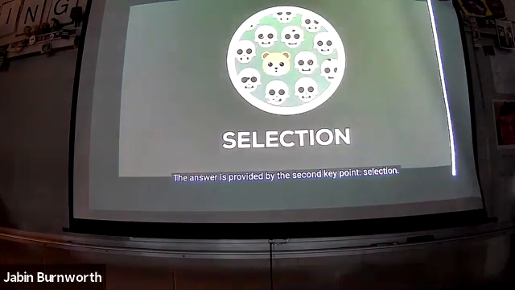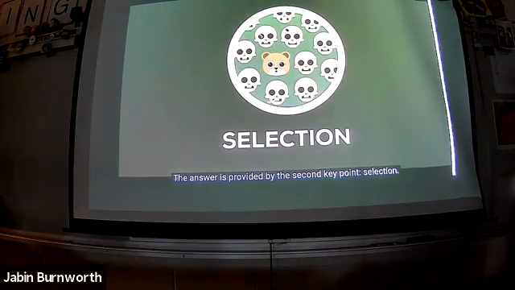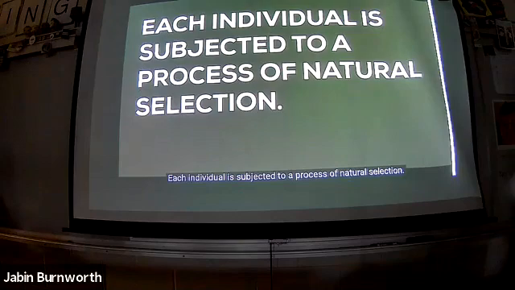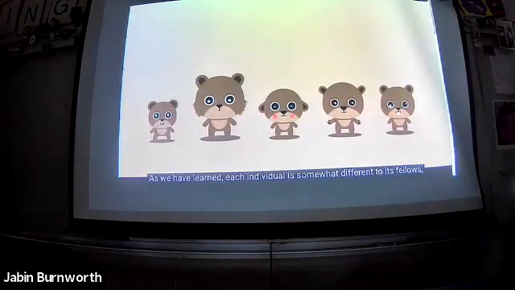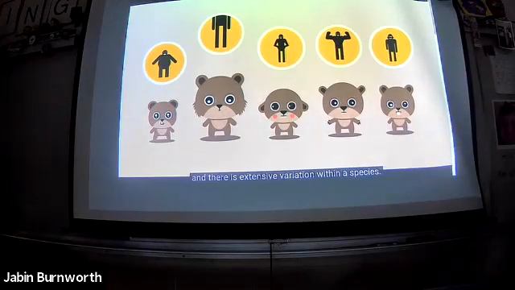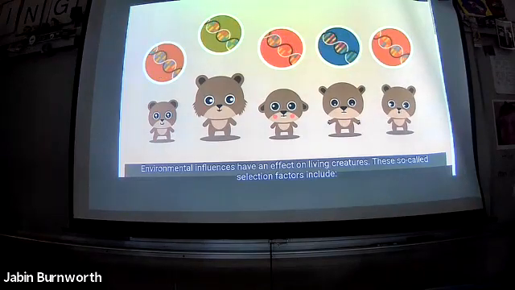The answer is provided by the second key point, selection. Each individual is subjected to a process of natural selection. As we have learned, each individual is somewhat different to its fellows, and there is extensive variation within a species. Environmental influences have an effect on living creatures.